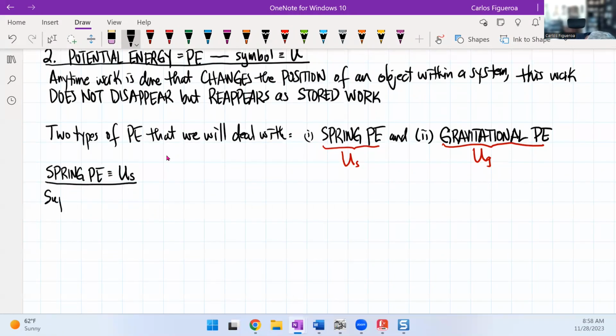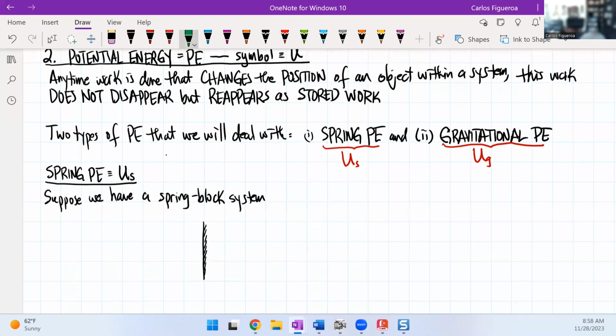So suppose we have a spring-block system. I imagine that I have a wall, and then I'm going to have my block.